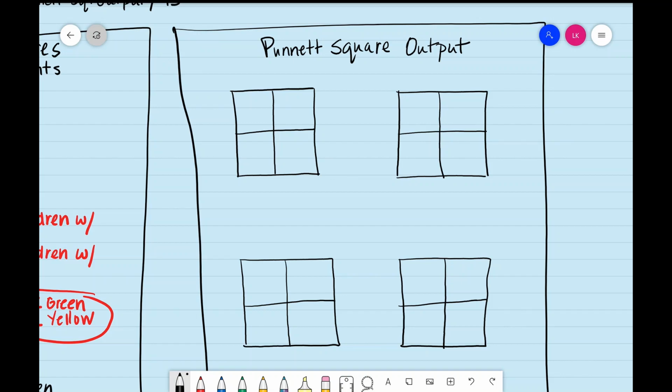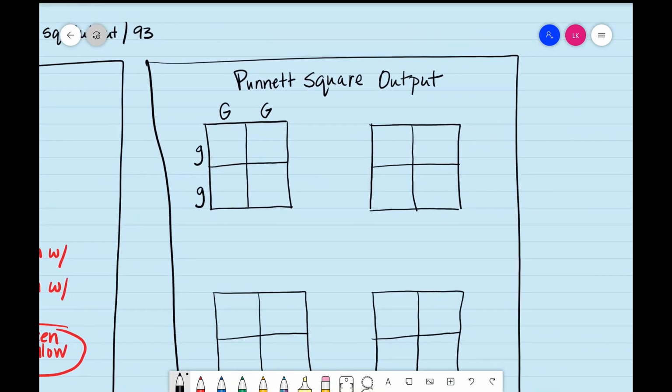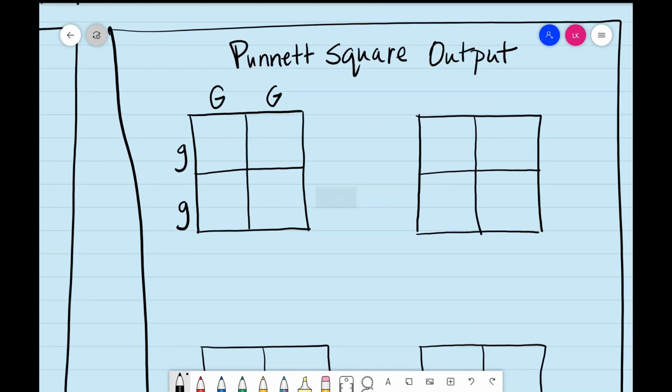But let's say we had big G, little g, little g. What would their offspring be? So this is going back to the idea that dominant is green, recessive is yellow. Let's do big G, little g, little g, little g.